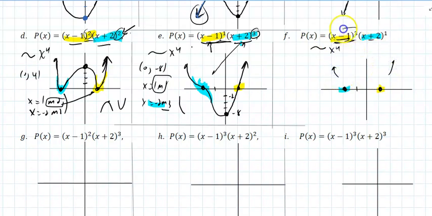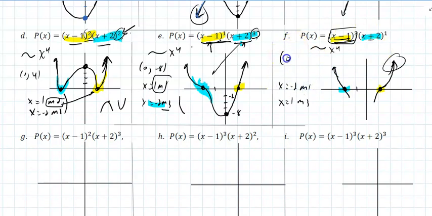Since this has multiplicity 3 and this points to the right, I know the right side is going to look like a cubic around that 0. And on the left, I know it's going to come straight across like y equals x, because x equals negative 2 has multiplicity 1.